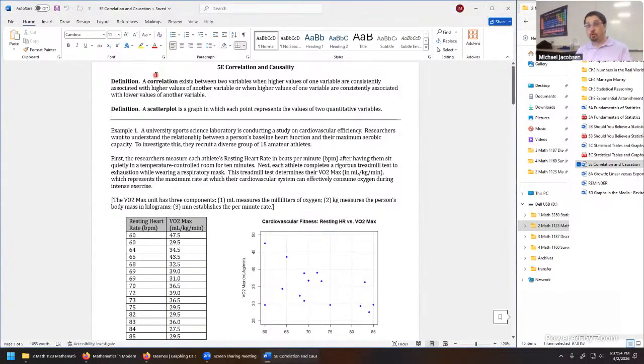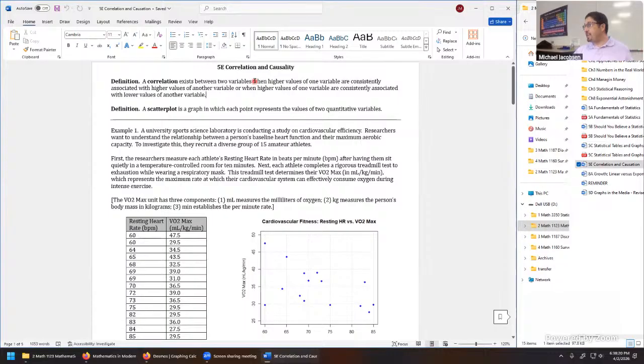Here, we're looking into correlation between two quantitative variables. We'll say correlation exists between those two variables when higher values of one variable are consistently associated with higher values of the other variable, or when higher values of one variable are consistently associated with lower values of the other variable.